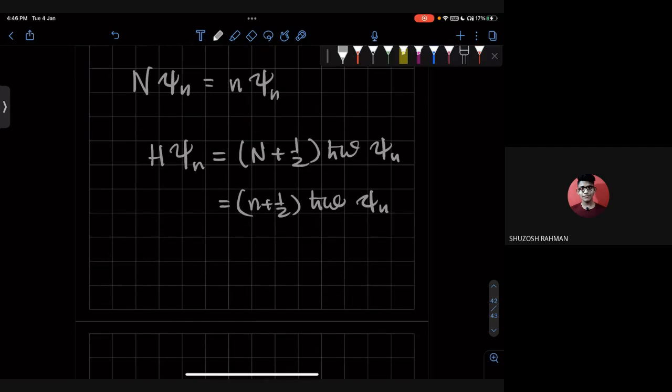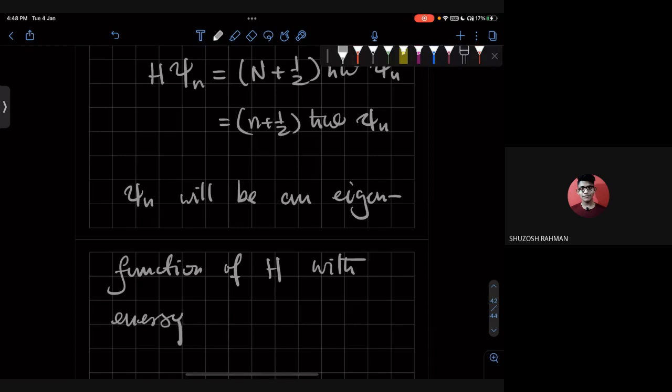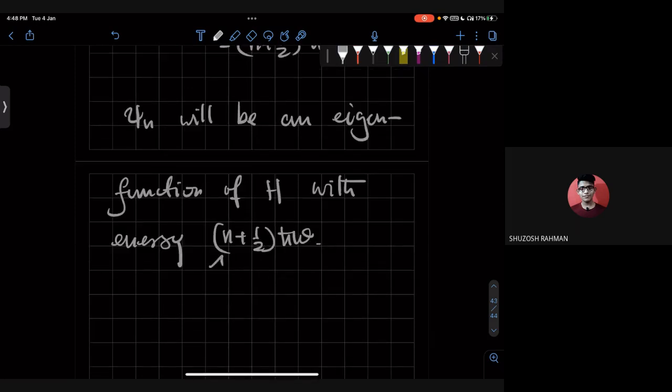So that means that psi n will be an eigenfunction of H with energy n plus half h bar omega. Okay, so now we have to find out what n is. If we find out what n is, then we have solved the problem. Okay, do you understand? Do you agree?